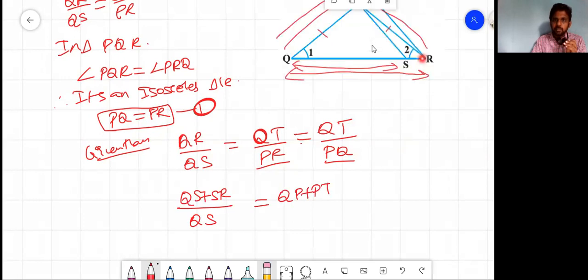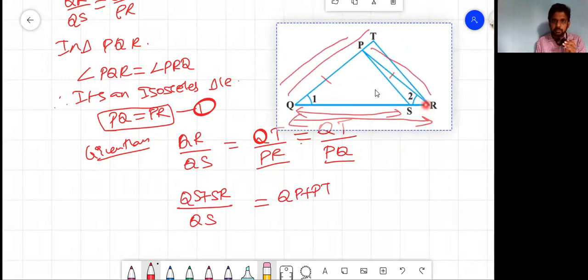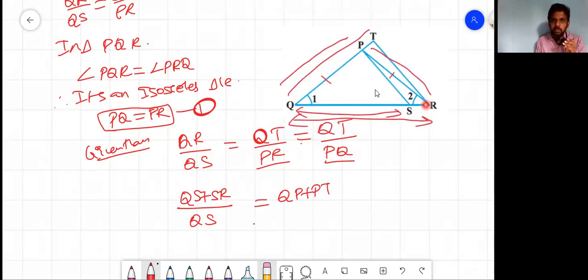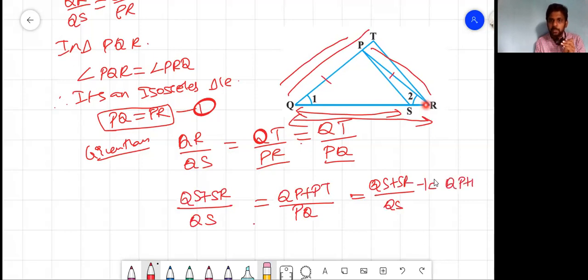Just a minute, I'll scroll this down. So QT divided by PQ, that is QP plus PT divided by PQ. Now I subtract 1 from both the sides. So QS plus SR divided by QS minus 1 is equal to QP plus PT divided by PQ minus 1.